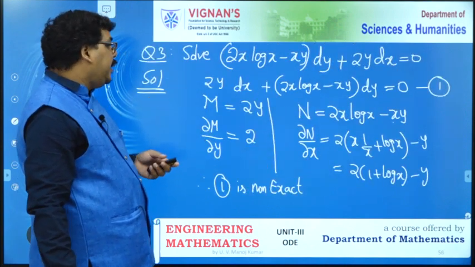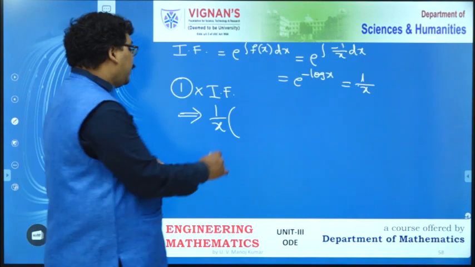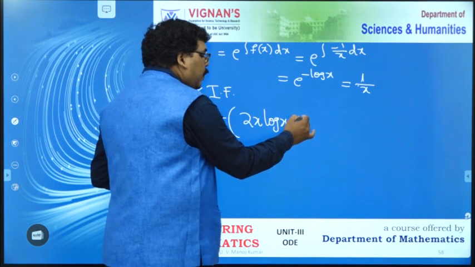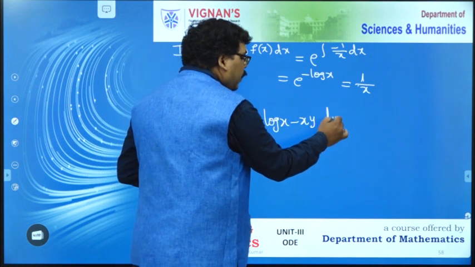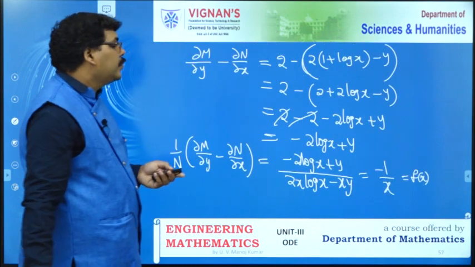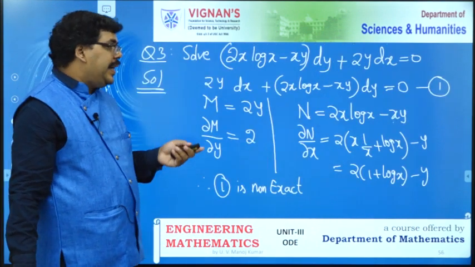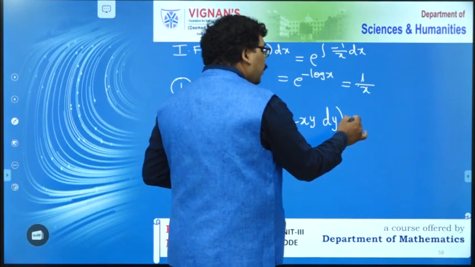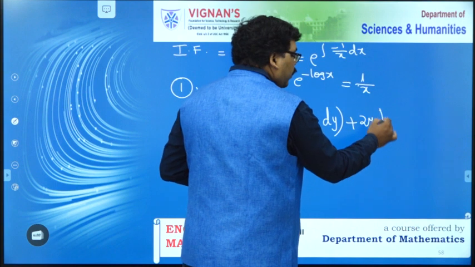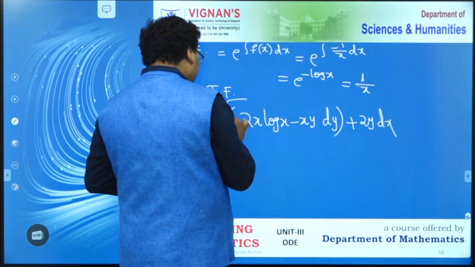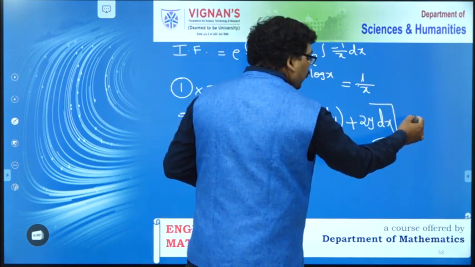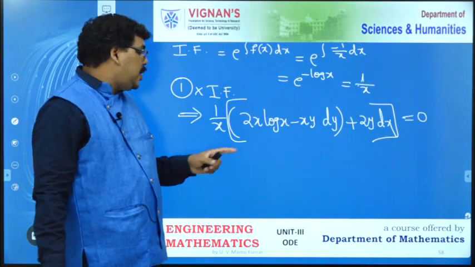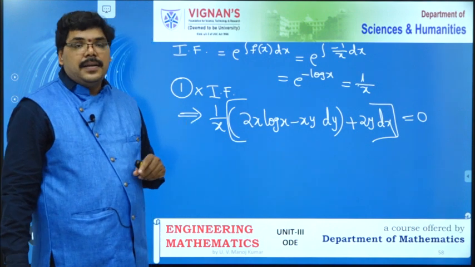2x log x minus xy dy plus 2y dx equals 0. So the given differential equation is multiplied with the integrating factor.